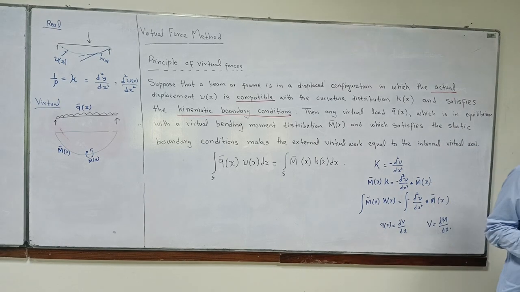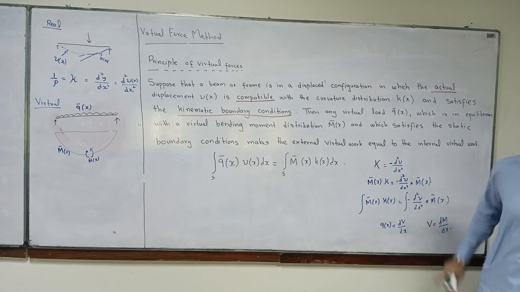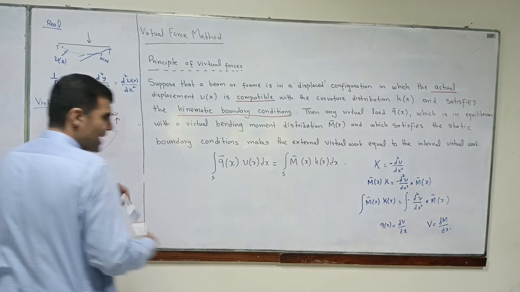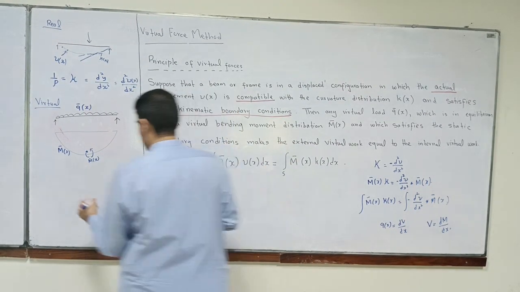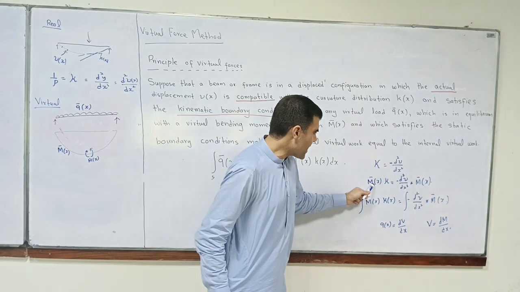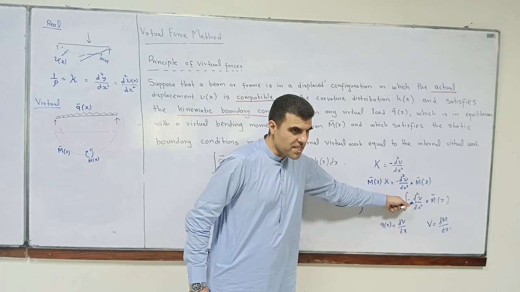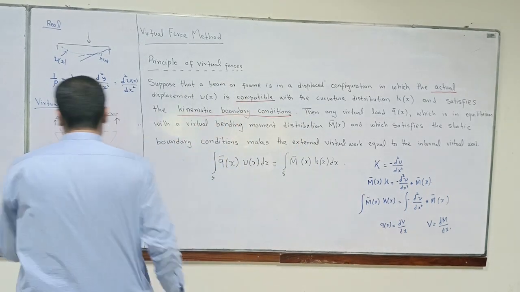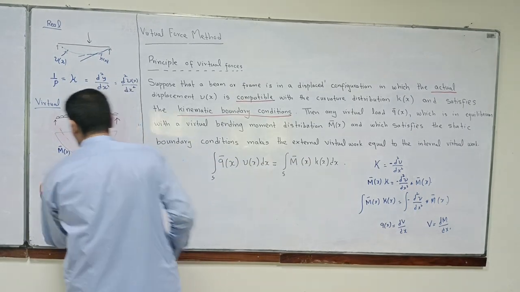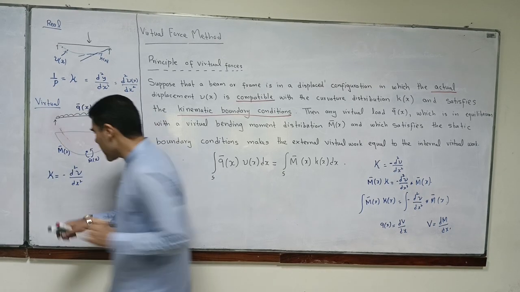Do you understand my point? What I'm saying is that you have got q bar x. Can you see this one? M bar x kappa x is equal to d2v by dx squared M bar x. Can you see that? So what I'm saying is that kappa is equal to minus d2v by dx squared.